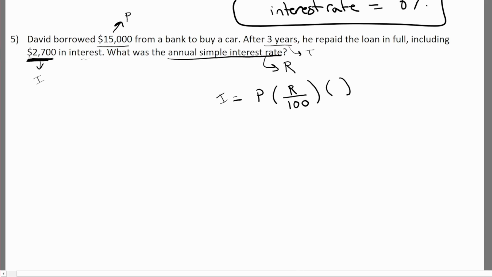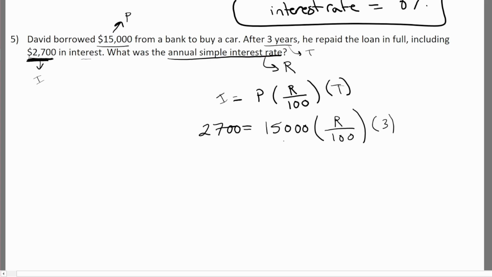I'm sorry, I plugged it in instantly. I just want to write the rule right now. So the interest is 2,700, and P is 15,000, and R is unknown. We want to solve for it. And T is 3.